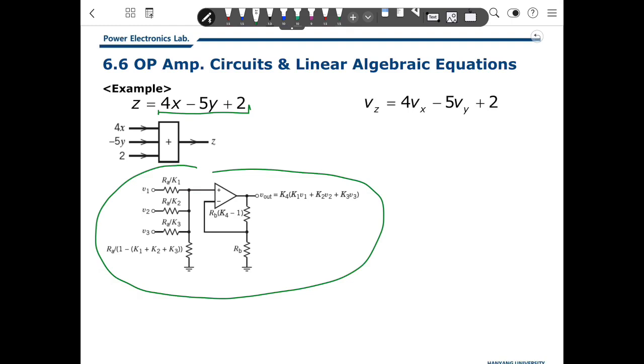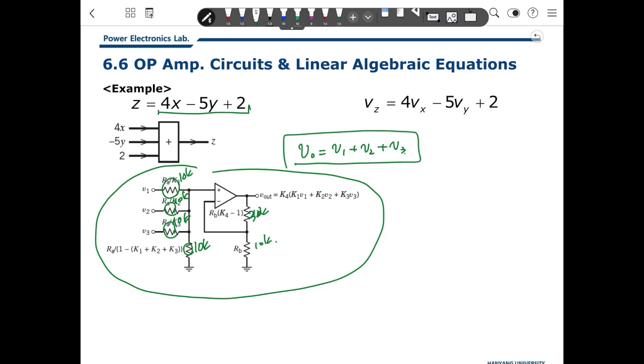You can design that value as 10 kilo ohm. This is 10, this is 10, then this is 10 kilo ohm, then this is 30 kilo ohm, then this is 10 kilo ohm. Then you can make V out equal to V1 plus V2 plus V3. You can make it this way.